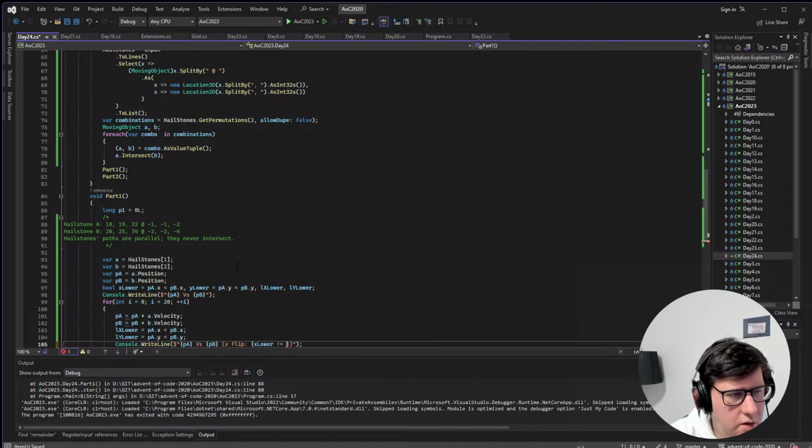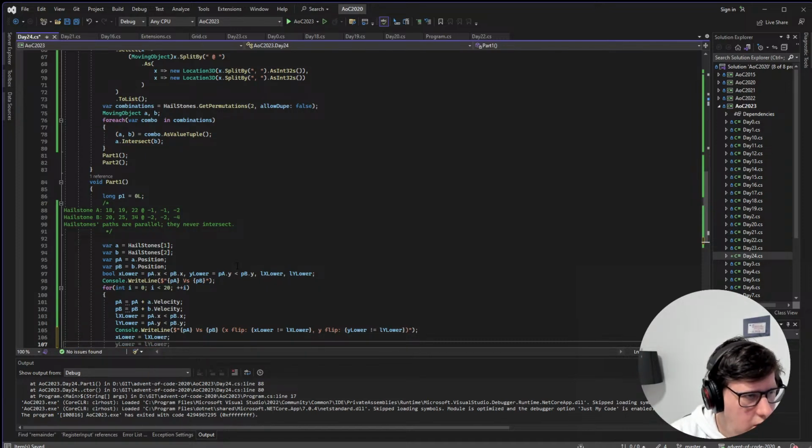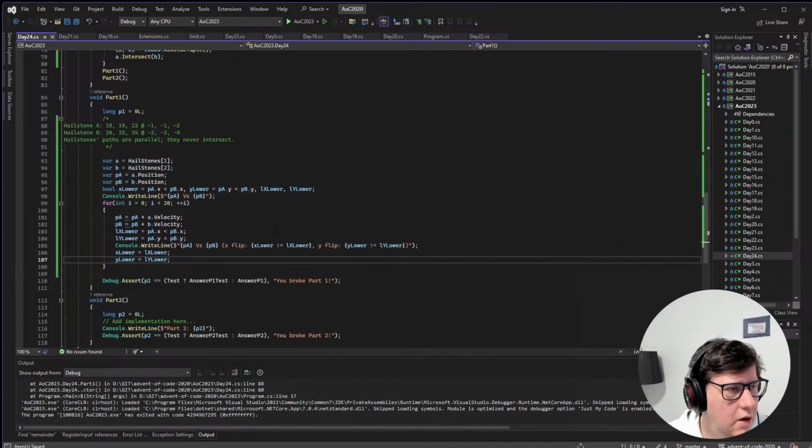X lower not equals LX lower. And this one is Y lower not equals LY lower, like this. And then we do X lower is LX lower, like this. Okay, let me run this.